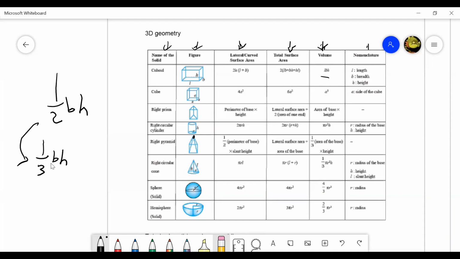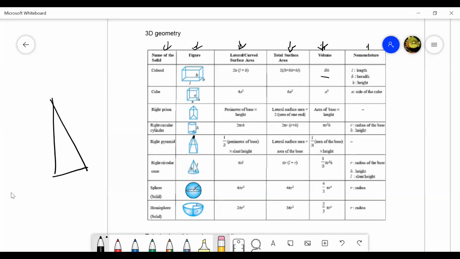And for their lateral surface area, this is not very friendly to find. This is simply because your lateral surface area is going to be these arbitrary triangles, and you'd have to find this height from the vertex to the base of the triangle.